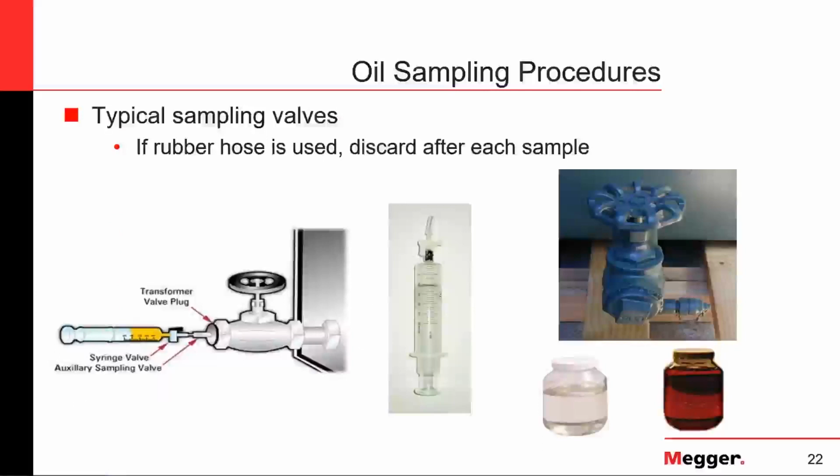Now, as you can see, the containers based on high density polyethylene are crossed out, and that is because that material can be permeable, which means that it can allow moisture inside the sample, which will affect the dielectric breakdown voltage reading. So it is preferable to use glass or metal cans for dielectric breakdown voltage testing.